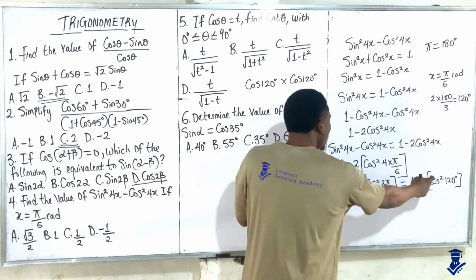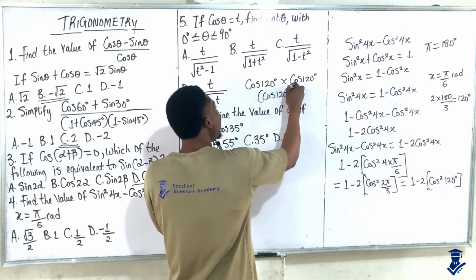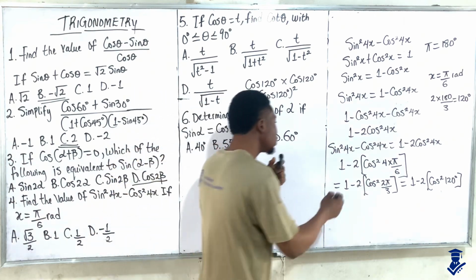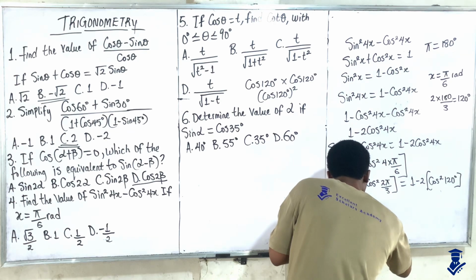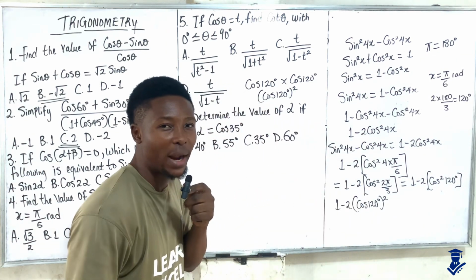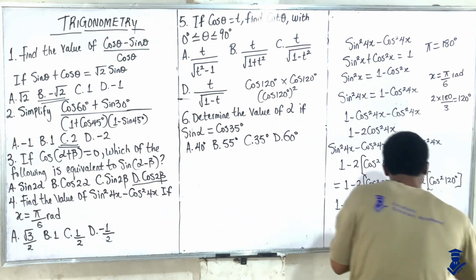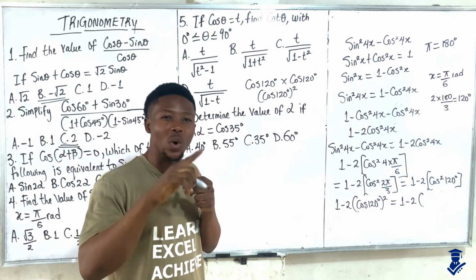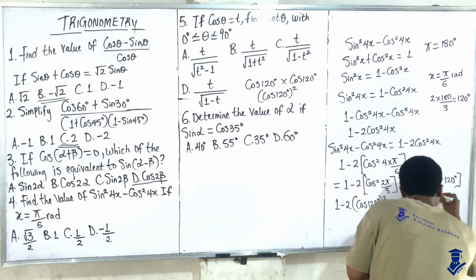Meaning I can write cos square 120 degree as cos 120 degree all squared. Take note of that. So this becomes 1 minus 2 into brackets cos 120 degree all squared. Now, what is cos 120 degree? Cos 120 degree is minus 1 over 2. So that's going to be minus 1 over 2 all squared.